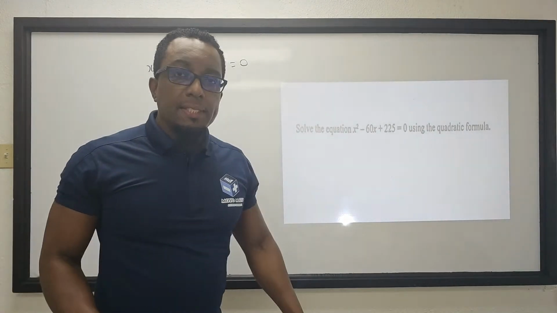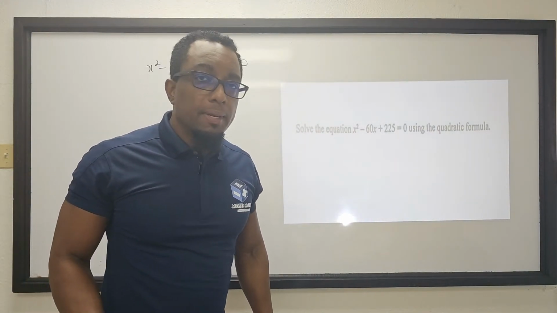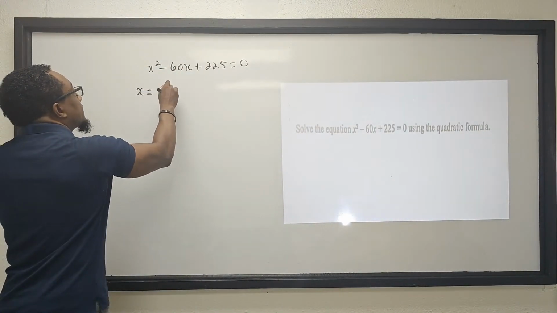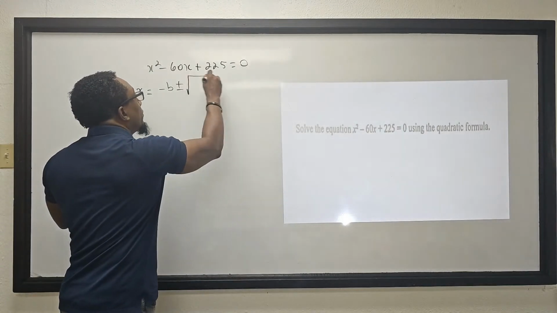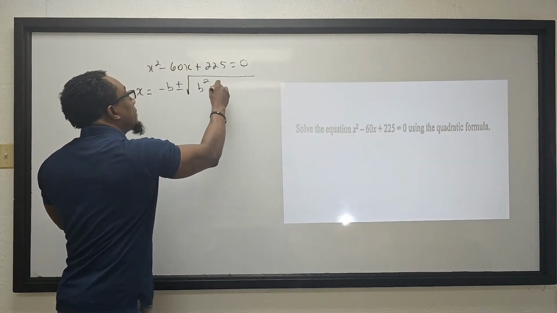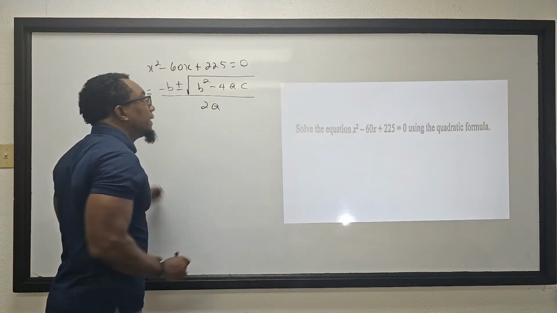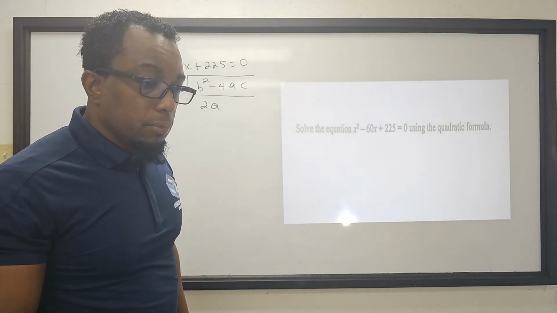So we're using the quadratic formula, and first we must know what is the quadratic formula. The quadratic formula, it is simply x is equal to negative b plus or minus the square root of b squared minus 4ac all over 2a. So that is your quadratic formula.